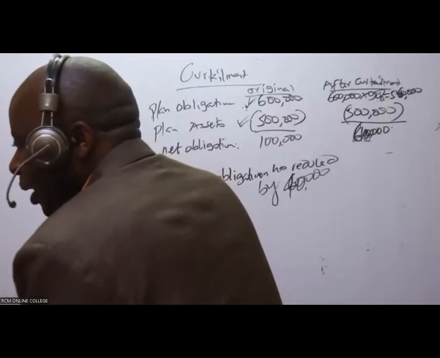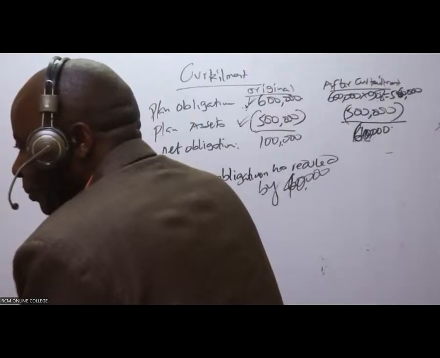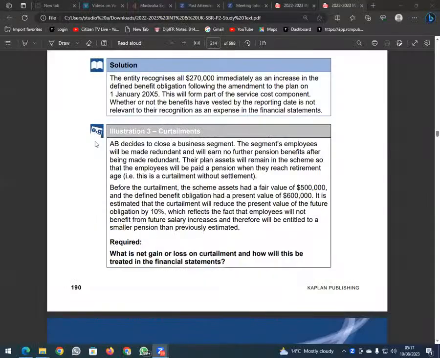And then what are they telling us, ladies and gentlemen? Great questions. They're telling us here, before the curtailment, the scheme assets had a fair value of 500,000 and the defined benefit obligation had a present value of 600,000.